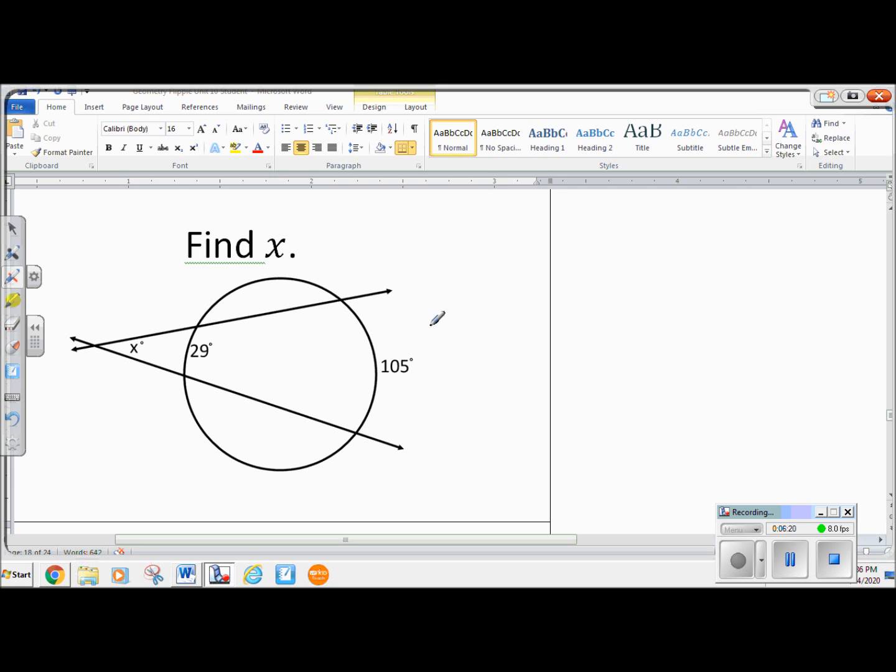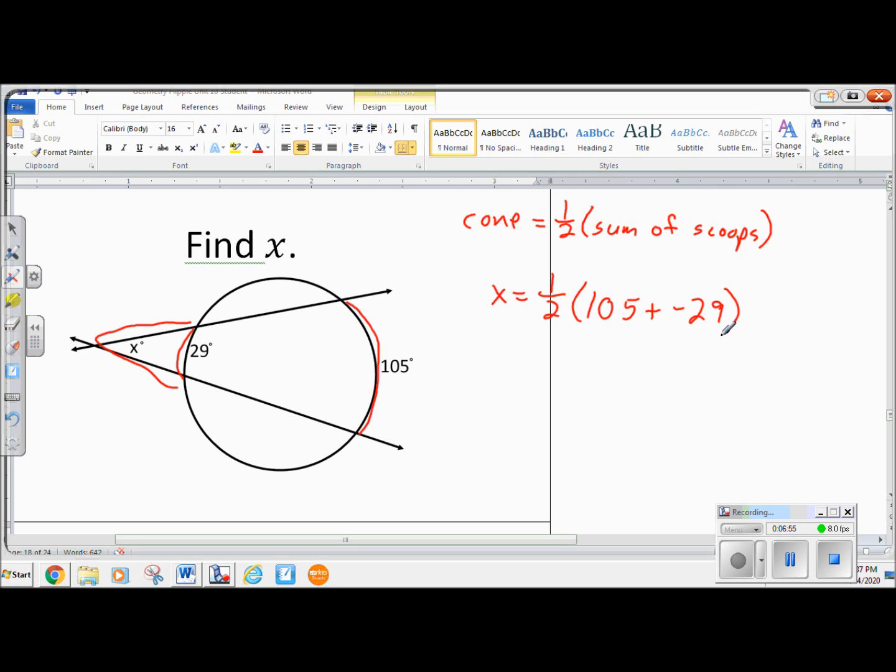Find x. We have two lines that intersect a circle, creating angle and arc measures. The cone is equal to half the sum of the scoops. The cone is x. The scoops, we have a positive scoop of 105 and a negative scoop of 29.